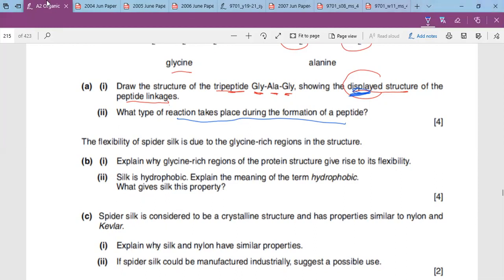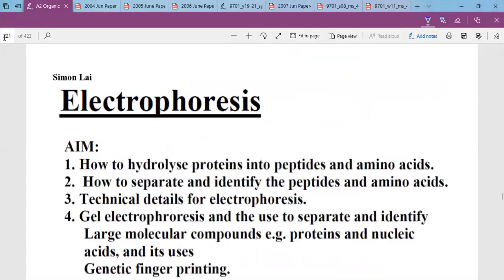Now let's go back. I'm going to show you the electrophoresis first. I'll explain a little further. Now this is all my notes on electrophoresis.